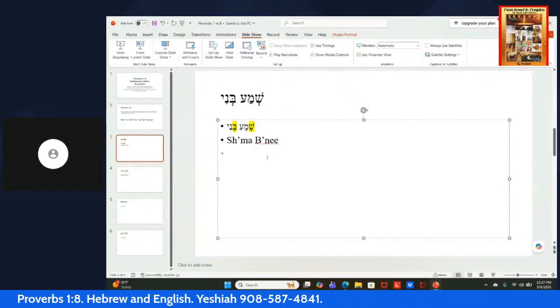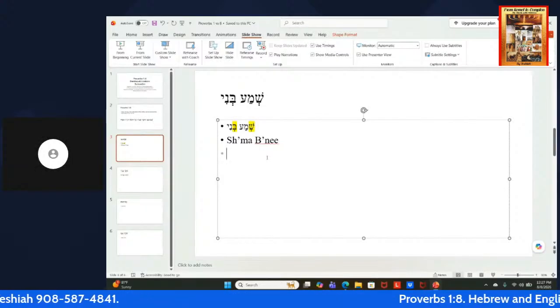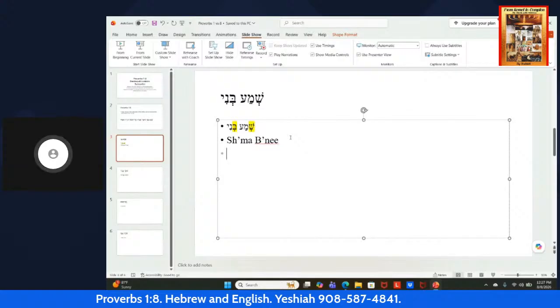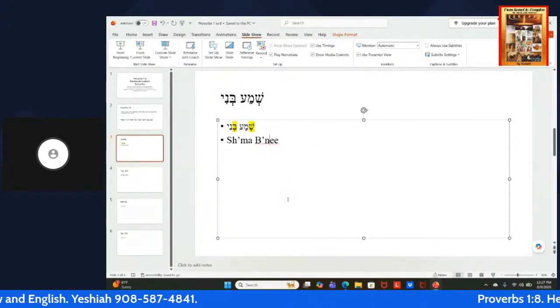It means essentially, brothers and sisters, that shva, you just make the sound of the letter. So Shema Beni. All right, we want to add this to the dictionary.